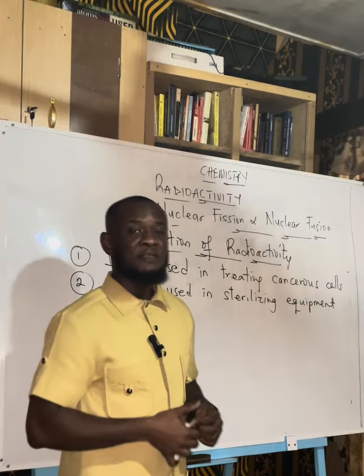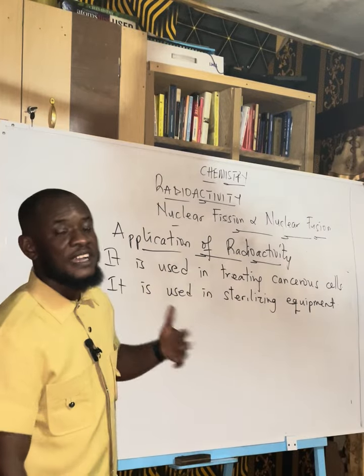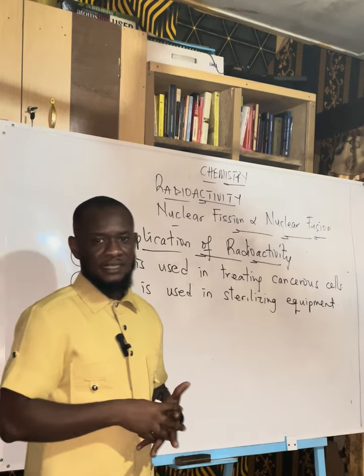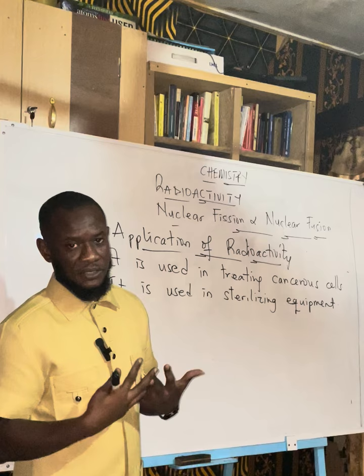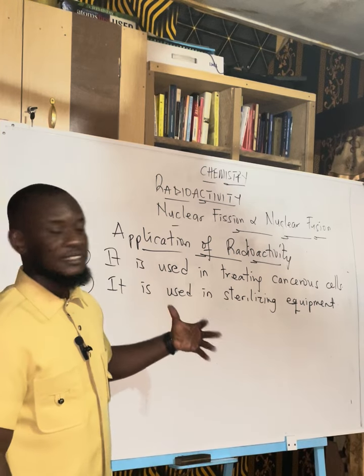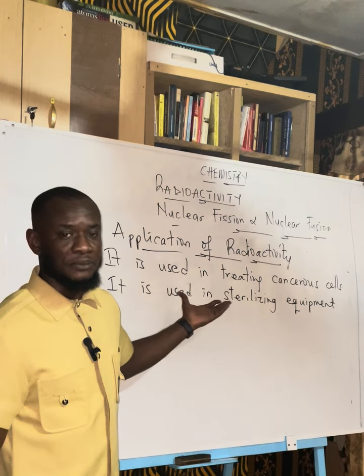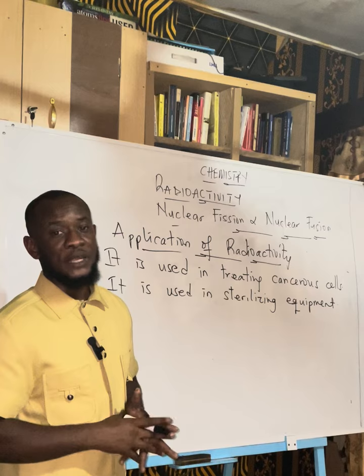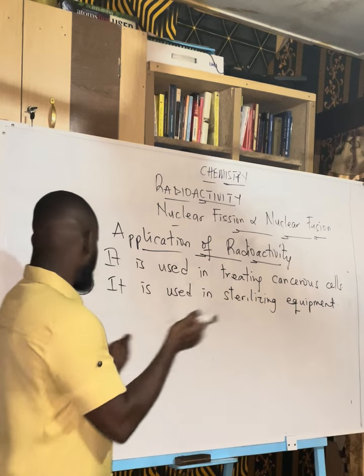Gamma rays can be used to sterilize equipment by killing bacteria, fungi, and also viruses. Because of that, there is an importance of them. So these radiations can be used also to sterilize equipment.